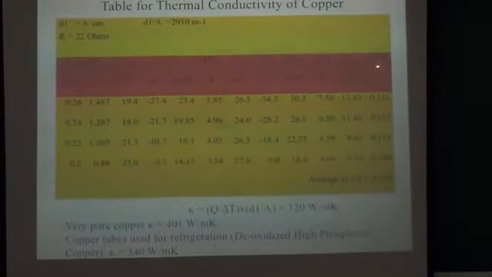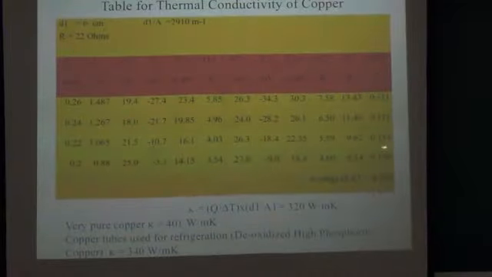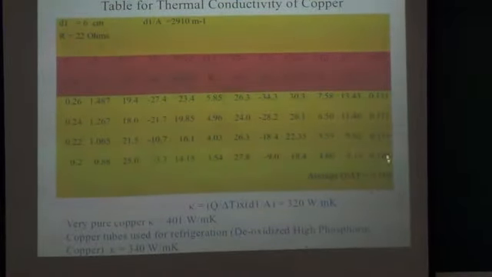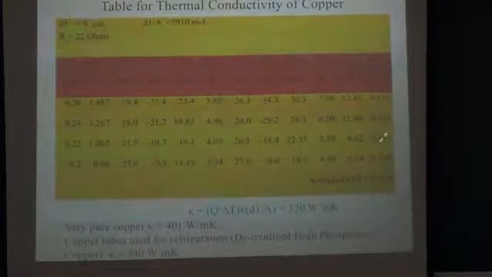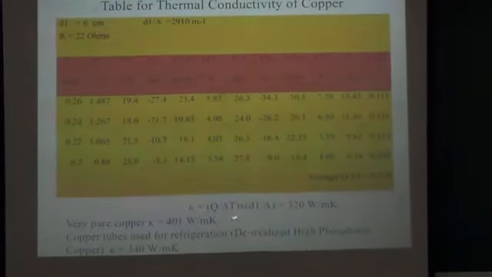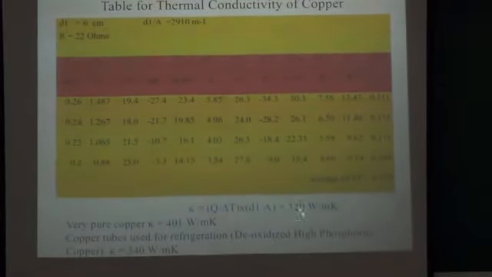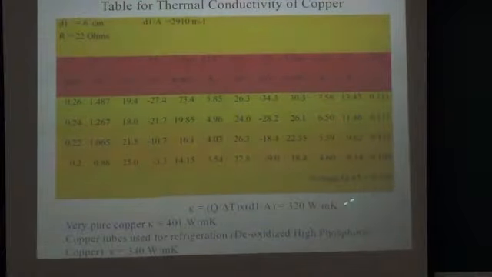And now you calculate the value of Q over delta T. You can check yourself how consistent the values of Q over delta T are. So you take the average value of Q over delta T. The value of K is Q over delta T into D1 over A. It comes out to be 320 watt per meter kelvin.